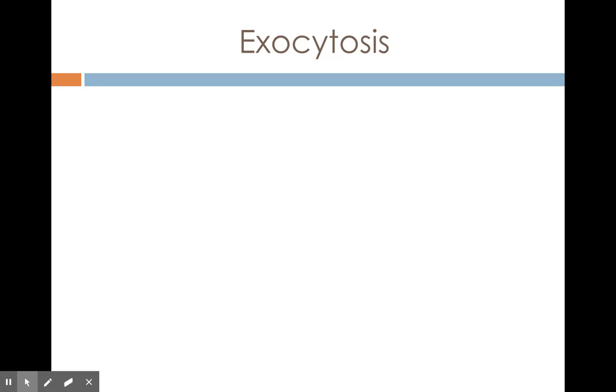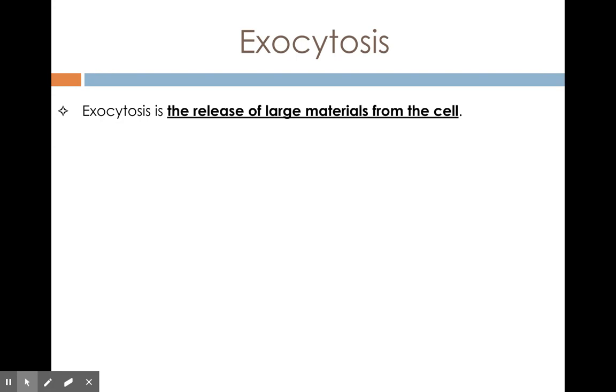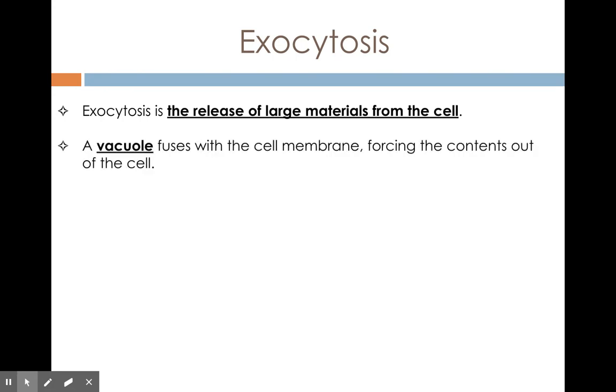Exocytosis is things leaving the cell, or the release of large molecules from the cell. What happens is kind of the exact opposite of endocytosis. Whatever that stuff is, the waste or whatever the cell doesn't need, is in a vacuole already.